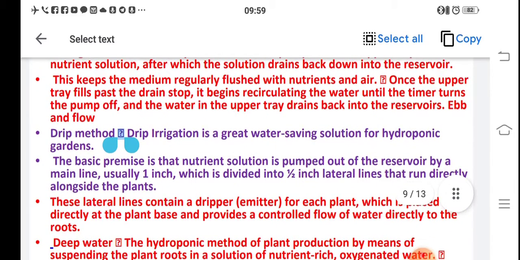In the drip irrigation method in the hydroponic system, there are half inch lateral lines used directly plant to plant. Secondly, there should be a dripper. I think you all know the drip irrigation system, so it is used like this here.